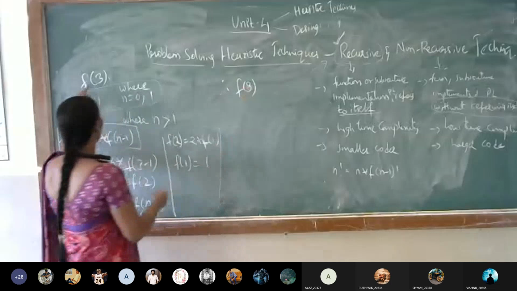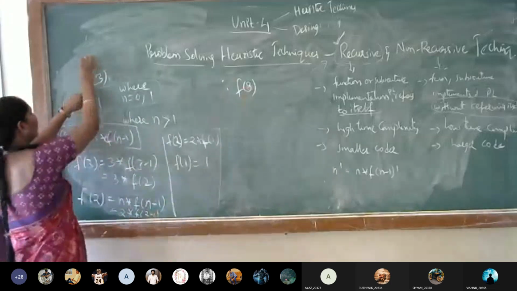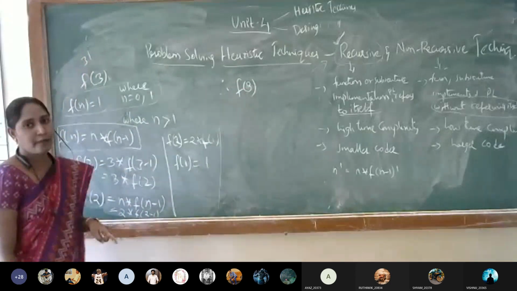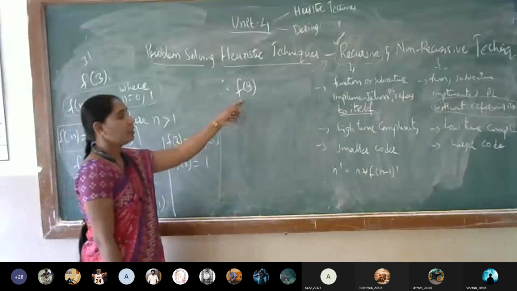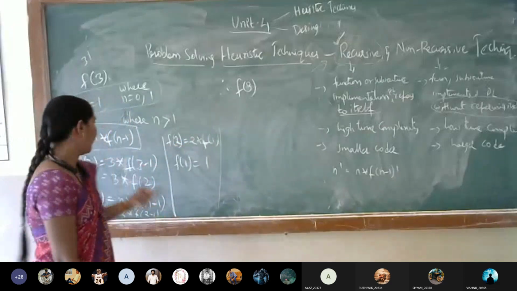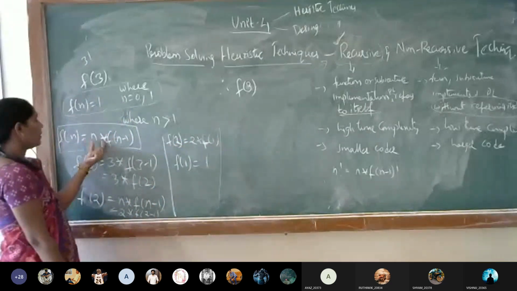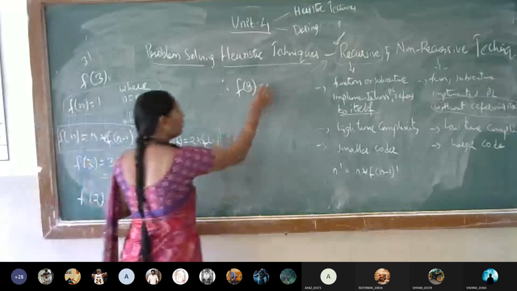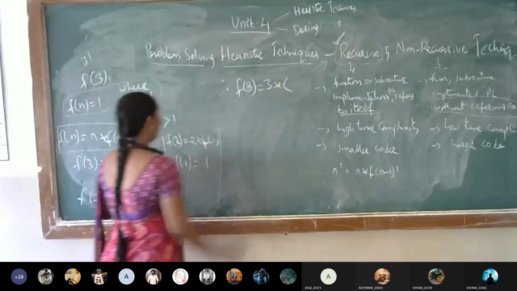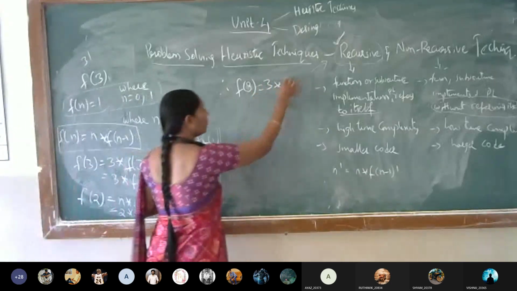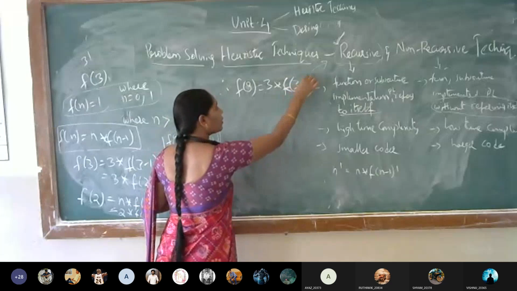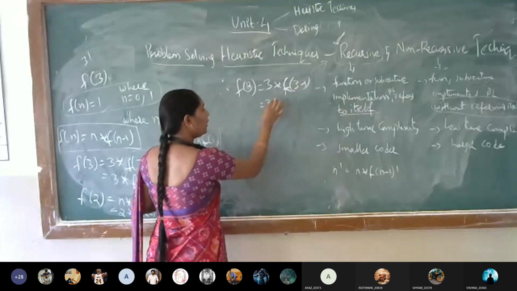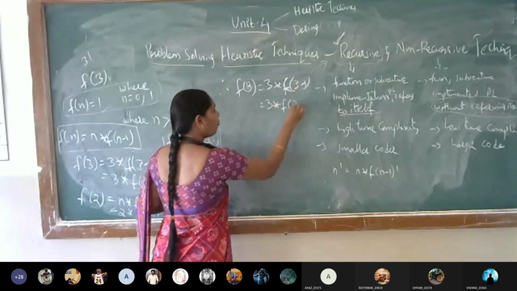I am going to find n factorial, that means 3 factorial. So factorial of 3 is equal to, n is equal to 3, right? 3 into factorial of 3 minus 1. So I'll be getting 3 into f of 2.